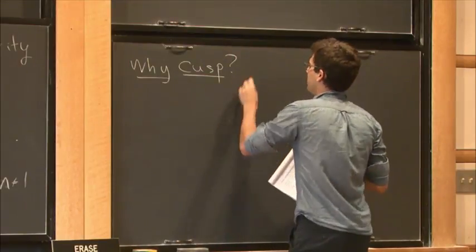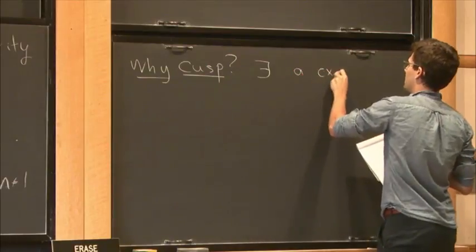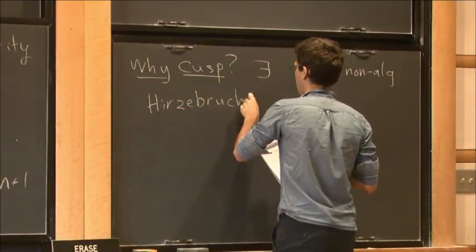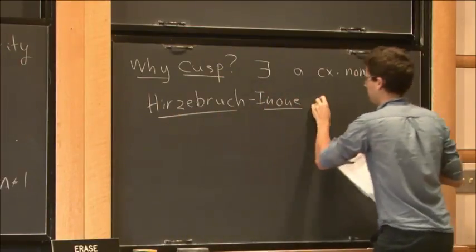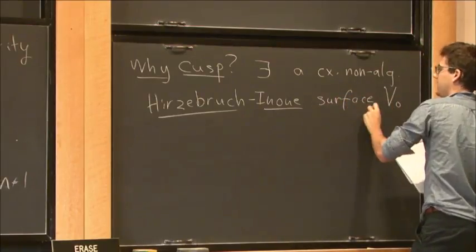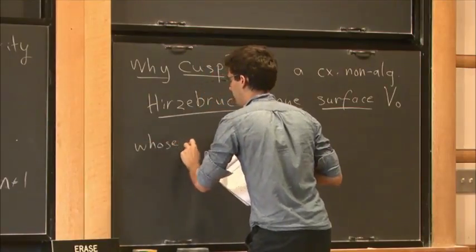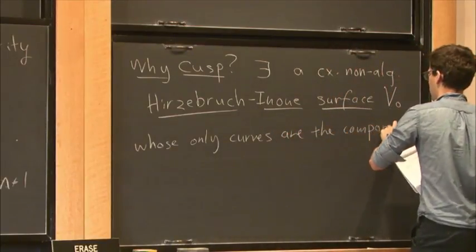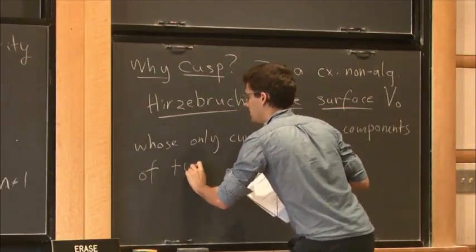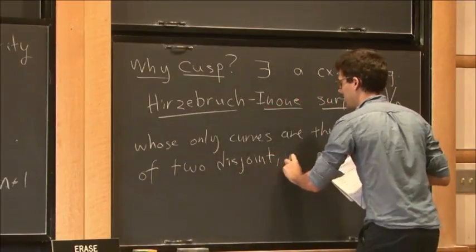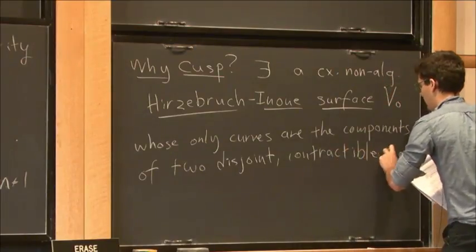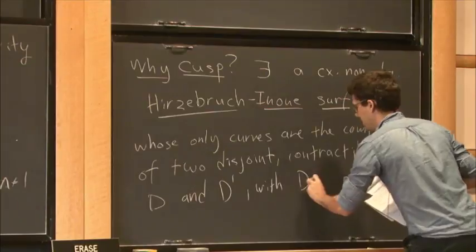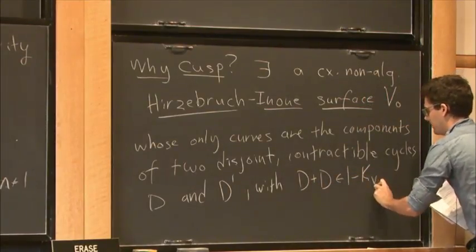So the reason is that there exists a complex non-algebraic Hirzebruch-Jung surface, which I'll call V naught, whose only curves are the components of two disjoint contractible cycles, D and D prime, with D plus D prime an anti-canonical divisor on the surface V naught.